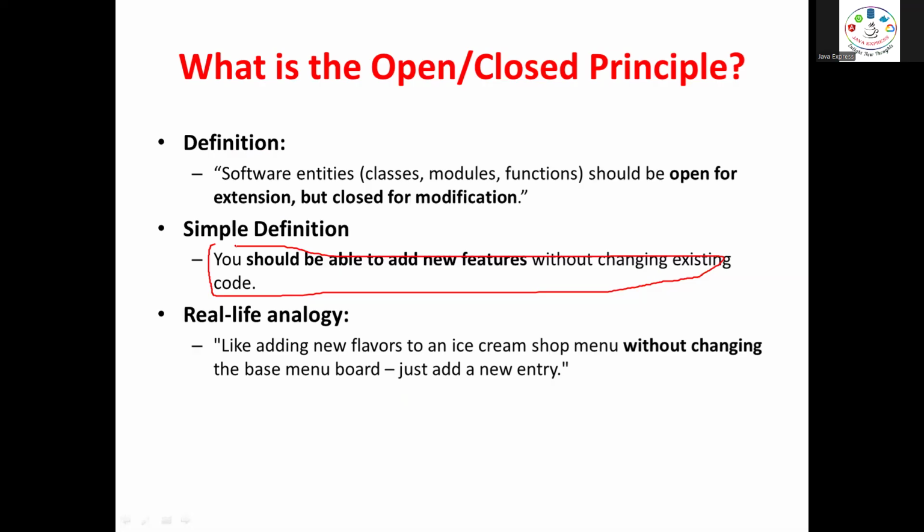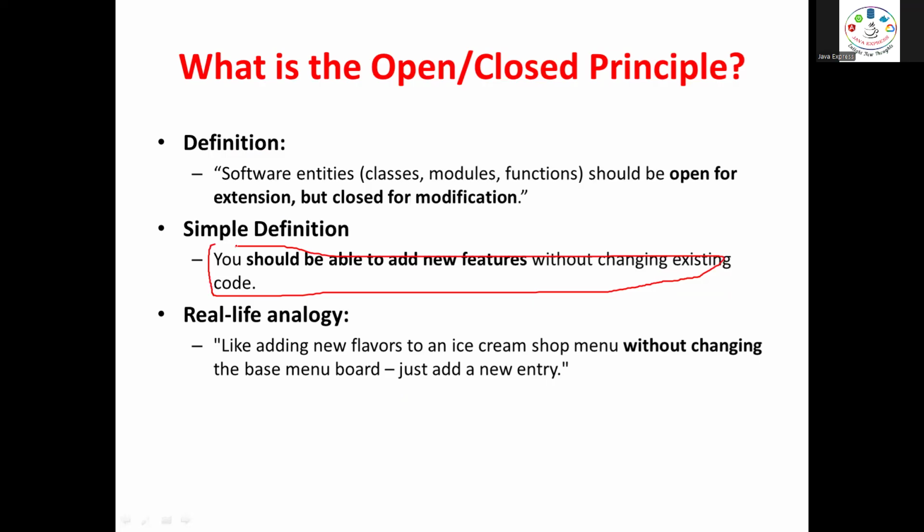Like when you buy a pizza, the cost is 200. That is the existing one. But you want to add cheese, you want to add toppings; these are all new features or new requirements. On top of that, you are adding this flavor. That is a real time analogy to give you some idea about this principle, guys.